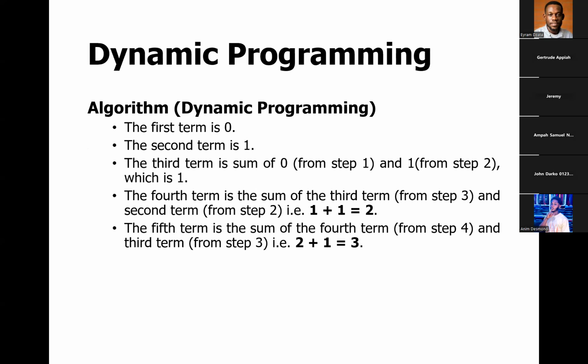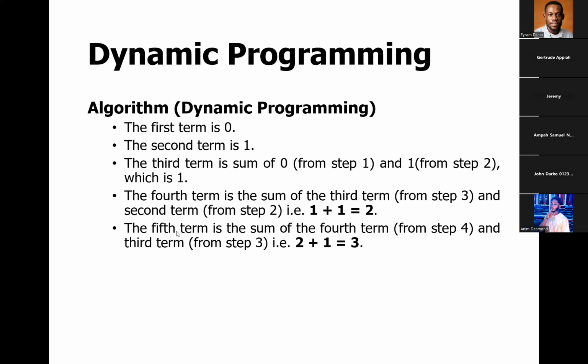So in the Fibonacci example, the first term is 0, the second term is 1, the third term is the sum of 0 and 1, which gives us 1. And the fourth term is the sum of the third term and the second term, which is 1 plus 1, giving us 2.